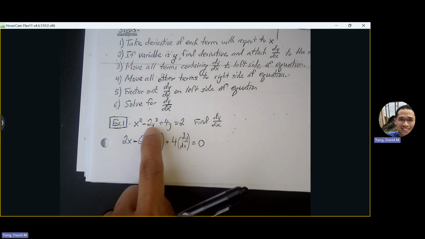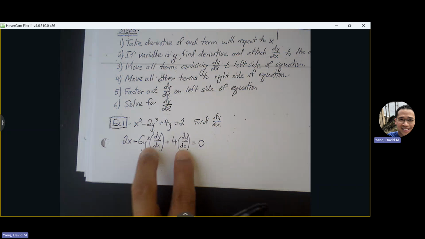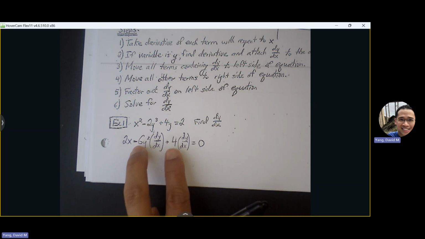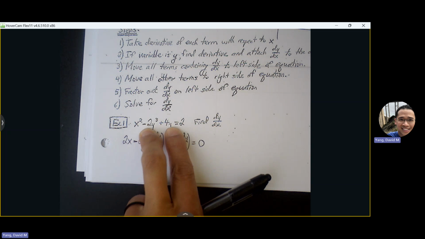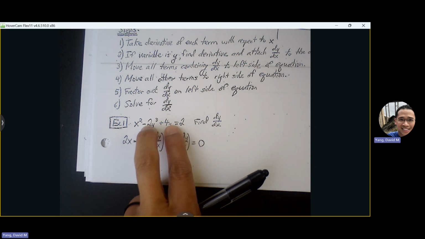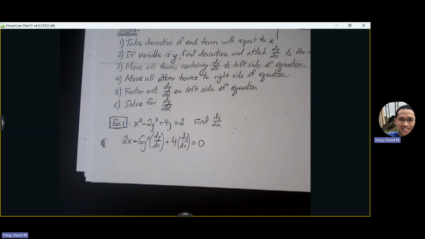There are 2 different instances of y's. So at the start, because the equation starts with 2 different y variables, we're going to be expecting 2 different dy dx's. So don't depend on dy dx from the derivative. Make your decision based off of how many y's you see at the beginning of the problem. That's how many dy dx's will show up at the derivative level.